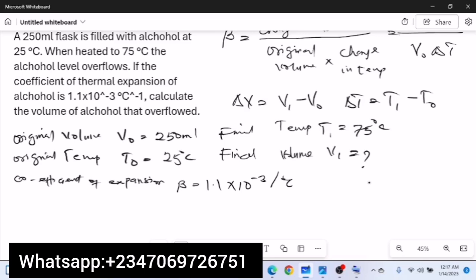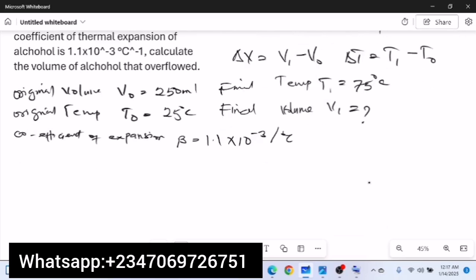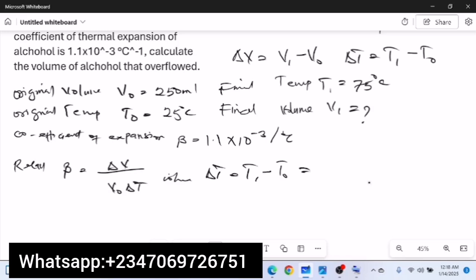So you recall your formula. The coefficient of thermal expansion beta is equal to the change in volume with respect to the original volume times the change in temperature, where the change in temperature itself is T1, the final temperature, minus the original temperature. From the question, our final temperature is 75 degrees Celsius.